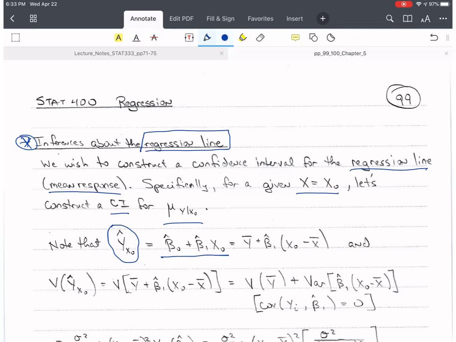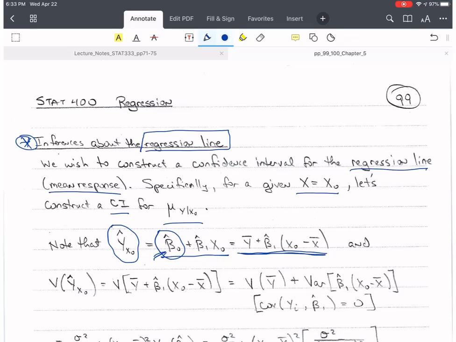And we write out the regression equation, beta naught hat plus beta 1 hat x naught. And then we substitute in the expression for beta naught hat. And if you remember, we can regroup, and this quantity is y bar minus beta 1 hat times x bar. And so we substitute that in and regroup by beta 1 hat, and we get this expression.